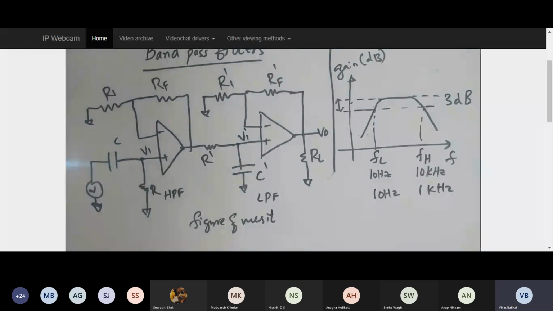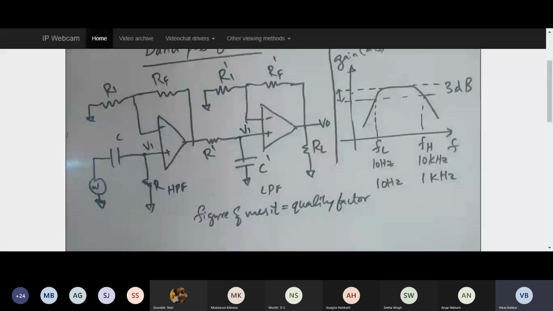We usually call this the quality factor in simple terms. So based on the quality factor, I can identify which kind of band pass filter it is. Like I was telling in the beginning of my class, band pass filters are again categorized as narrow band and wide band.